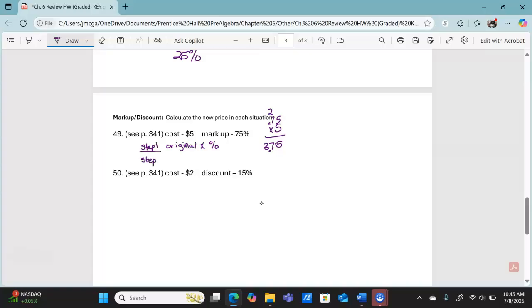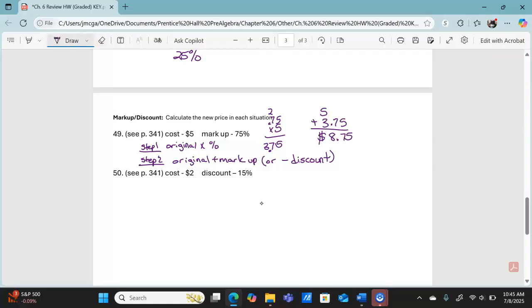Step 2, add or subtract the original plus the markup or minus the discount, depending on which way you're going. So it's a markup, so we have 5 plus $3.75. The new price is $8.75, and my line did not get in my dollar sign.